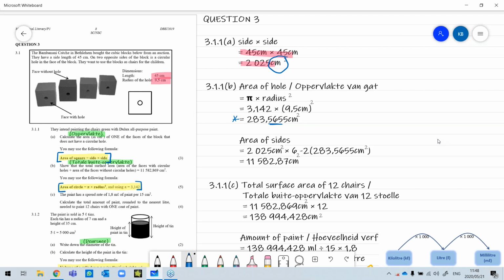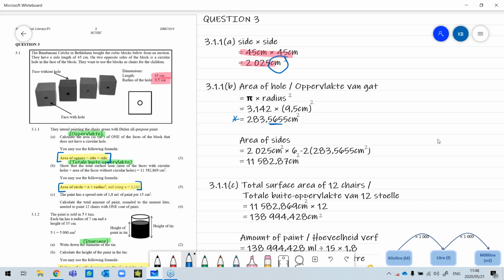Now, in question 3.1.1a, we already did calculate what the area of a square is without a circular hole. So now we take that answer, 2025 square centimeters, we multiply it by 6. Now the reason why we multiply it by 6 is because a cube has 6 faces. So we multiplied that by 6, and then only 2 of the 6 faces has a cut out circular hole.